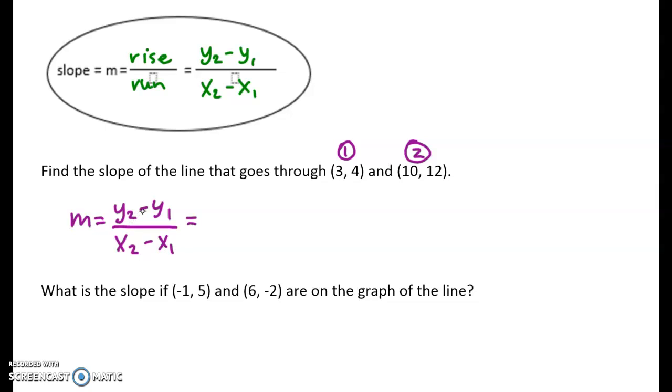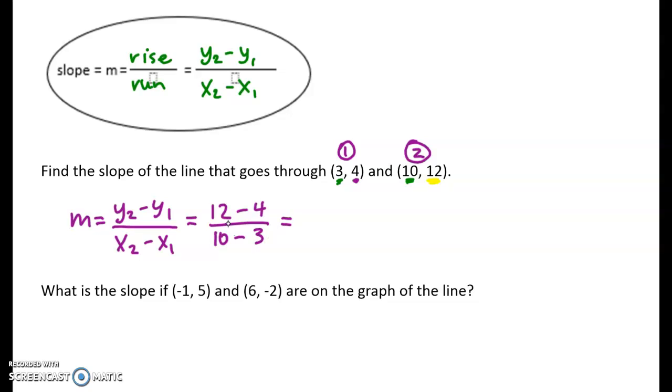Now the y coordinate from point 2 is this one. So we're looking at 12, subtract the y coordinate from point 1, which is 4, divided by x from point 2, the 10, subtract x from point 1, which is 3.